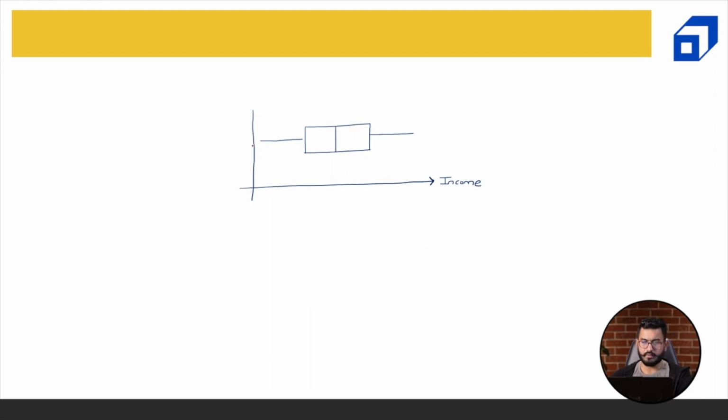This particular point represents Q1, this represents Q2, this represents Q3, and Q2 basically means the median line, while Q1 means the 25th percentile, and Q3 means 75th. Now if you already know how to read a box plot, you can skip this part, but those of you who do not know it, you can focus on this particular topic.